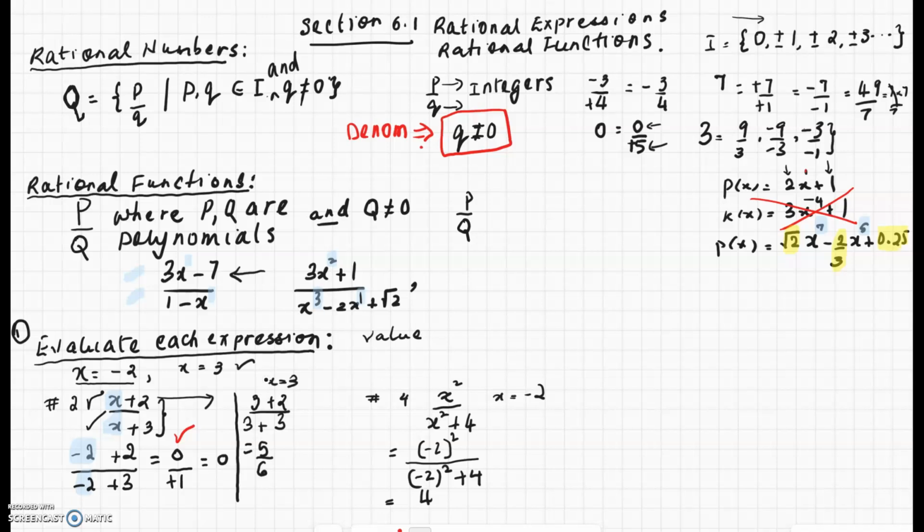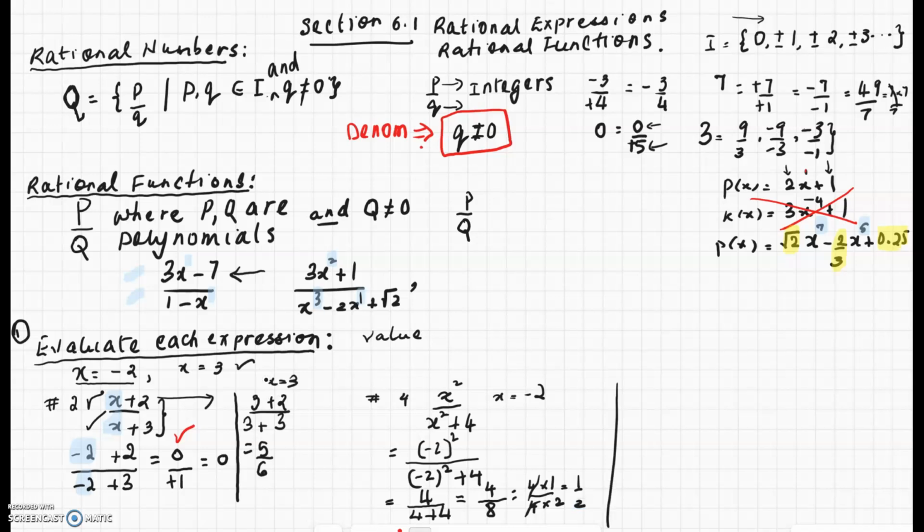So it's positive 2 squared, which is 4, divided by 4 plus 4. Simplify the denominator because it's addition. There's no cancellation. 4 plus 4 is 8. When you simplify, you get 4 times 1 over 4 times 2. The 4's cancel and it's equal to half.